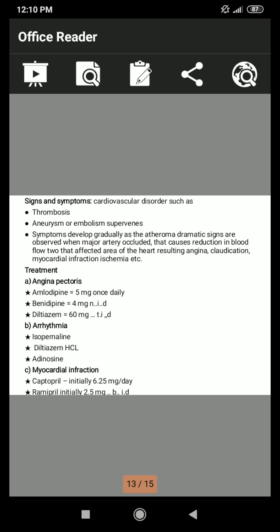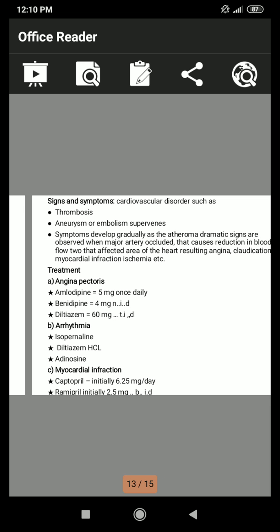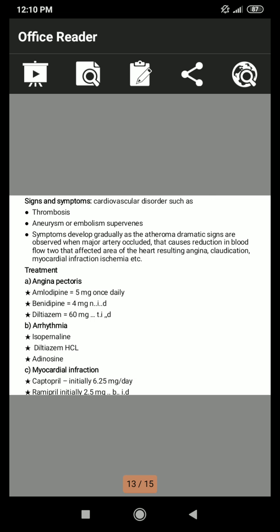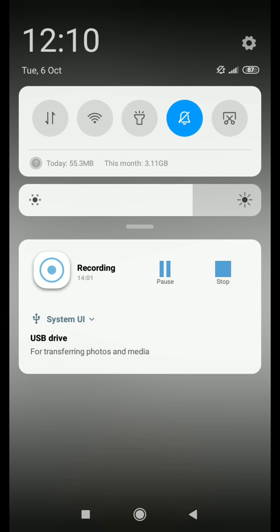Then arrhythmia drugs are isoprenaline, diltiazem HCl and adenosine. Third is myocardial infarction, and drugs are captopril, initially 6.25 mg per day, and ramipril, initially 2.5 mg BID. These are the treatments of cardiovascular atherosclerosis.